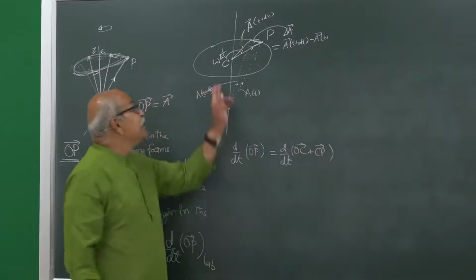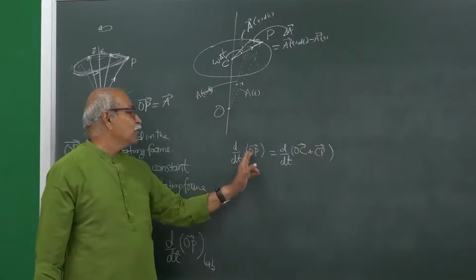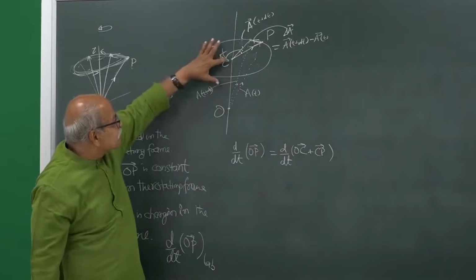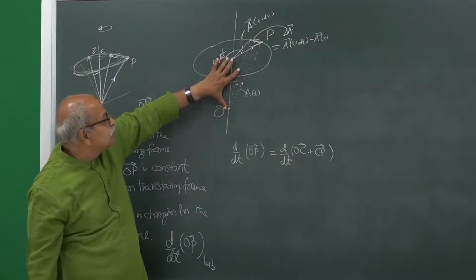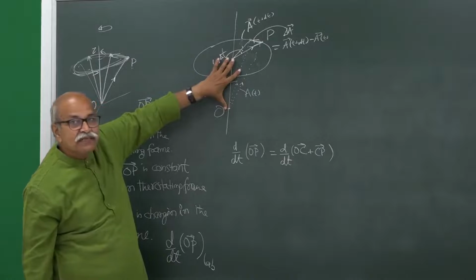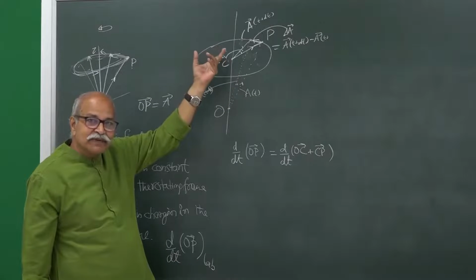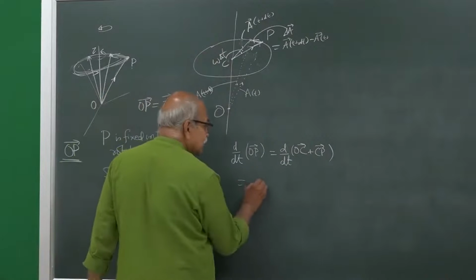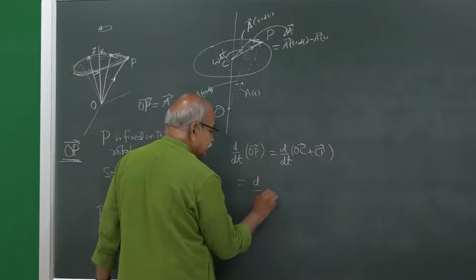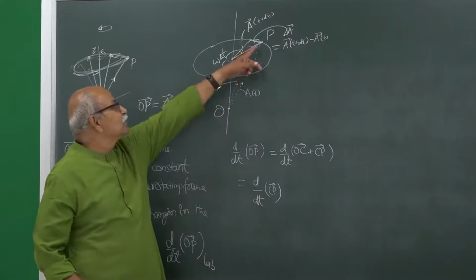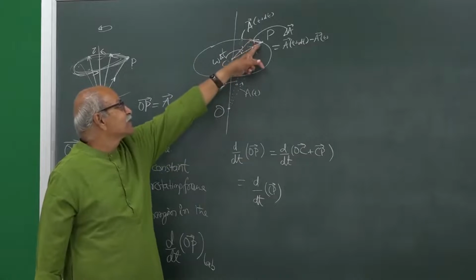This vector OP can always be written as OC plus CP, and OC is fixed. OC does not change with time. This particle goes in a circle, and this is the center of the circle, and that will remain always there as time passes. So this is essentially d/dt of CP. So that's why this original diagram is also valid.